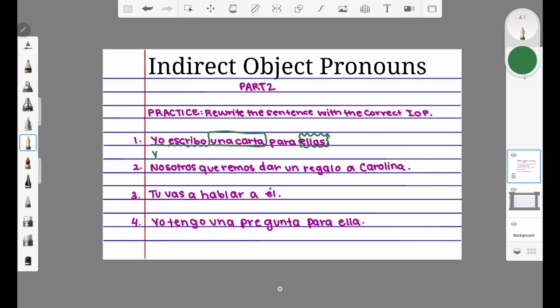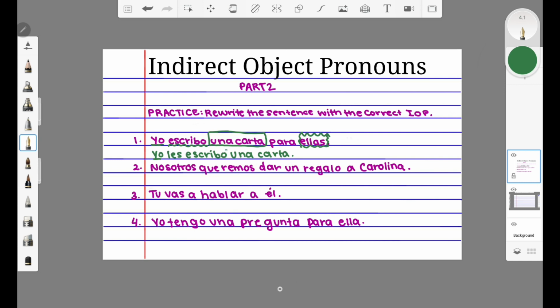So yo les escribo una carta. And we take out para ellas. We don't repeat that. And also, if we were to just start the sentence from les escribo una carta, that would still work if we take out this.